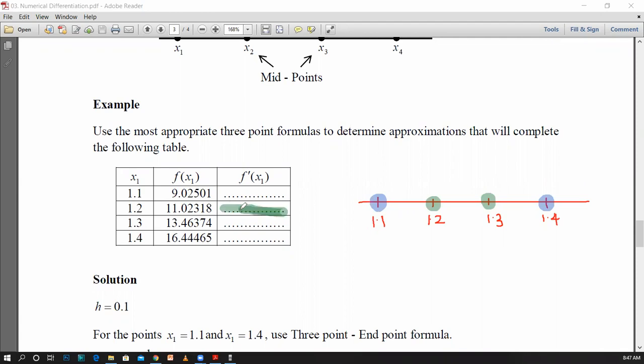You can use the midpoint formula for these two cases, and you can apply the endpoint formula to identify the values at this point as well as this point. Now we will use them in the appropriate manner and see what answers we get.